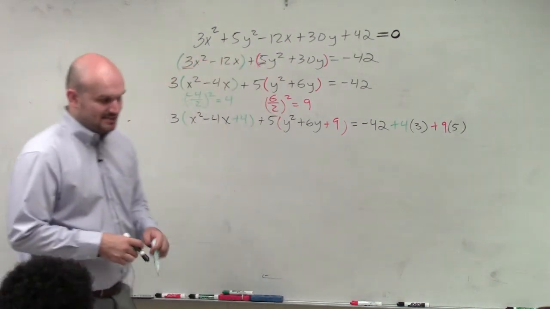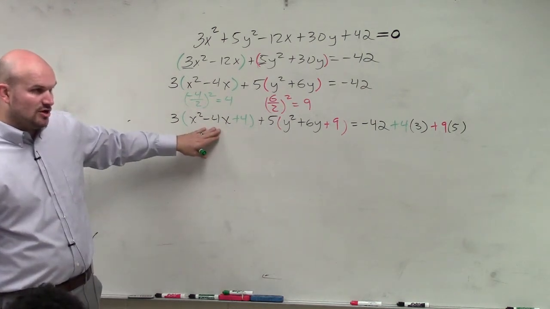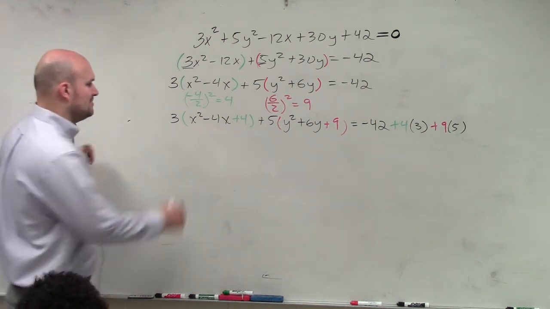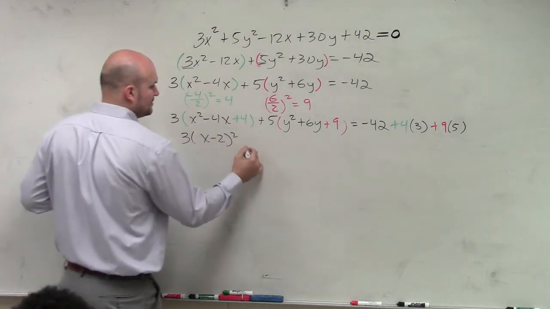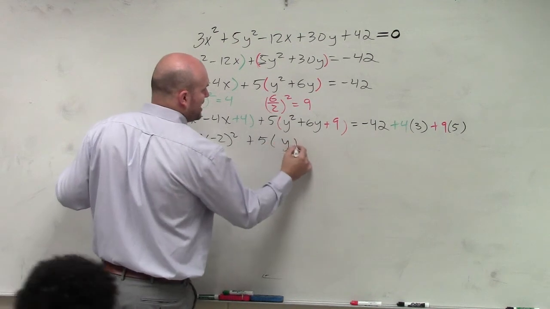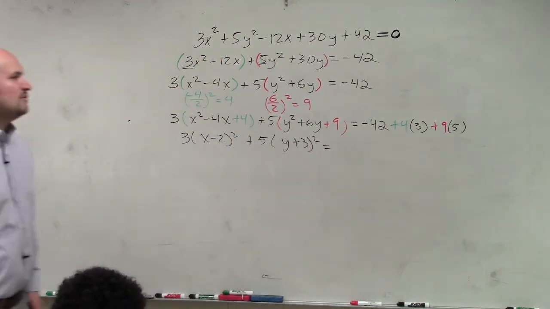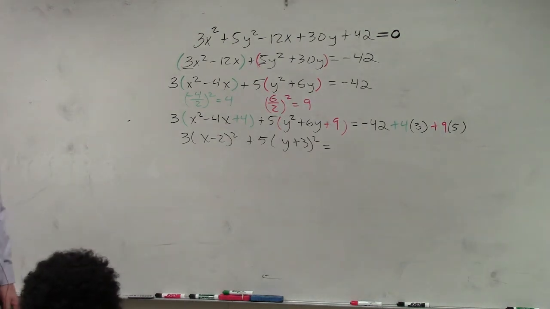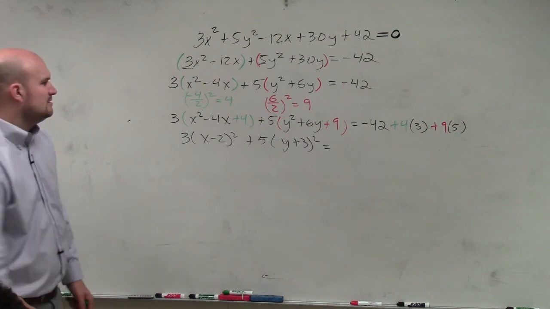Now, what I did was I created a perfect square trinomial. That's very, very important because now I can factor this to 3 times x minus 2 squared plus 5 times y plus 3 squared equals, let's see, 12 plus 45, so that's 57, minus 42, which is going to be 15.